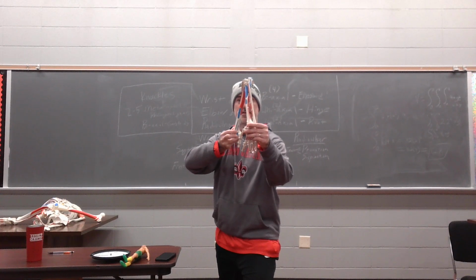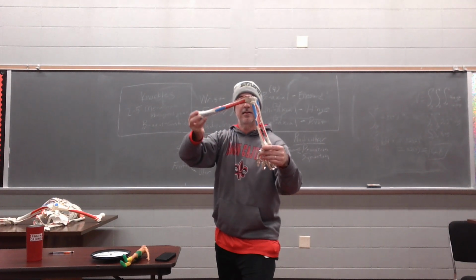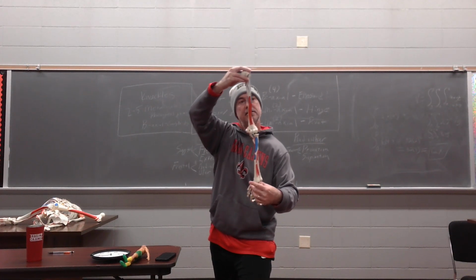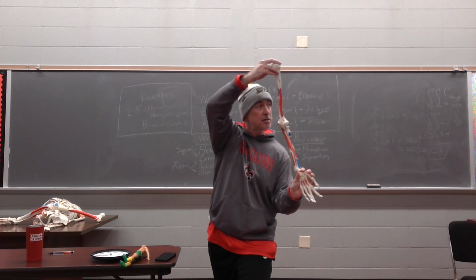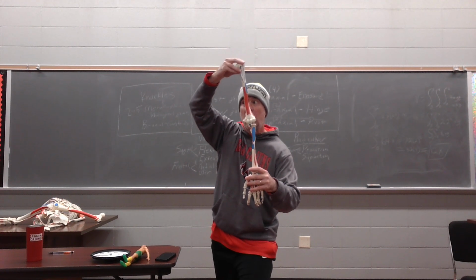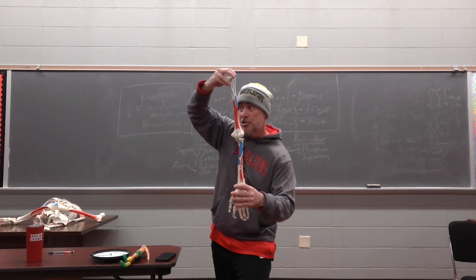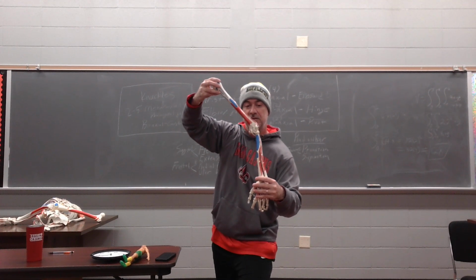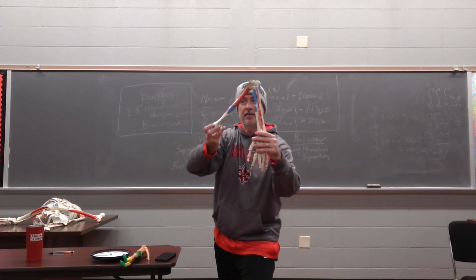Did you see it unwrap? Okay. So what's happening is, instead of the radius wrapping and unwrapping about the ulna, which is attached to the humerus, the ulna is unwrapping about the radius.